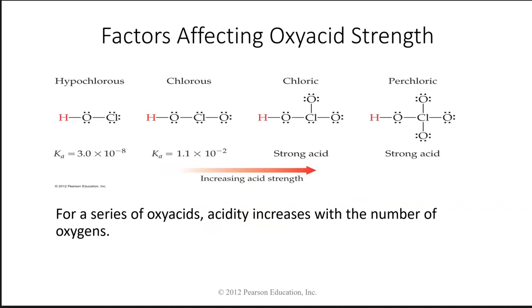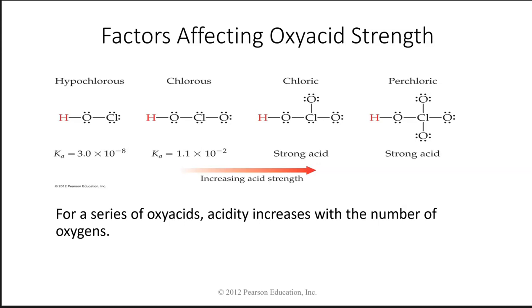So one oxygen makes it acidic, then two would increase the acidity level, whether it's attached to a bromine, an iodine, or a chlorine. You can see here, by the time we attach 4 oxygens to a chlorine and we form perchloric acid, we have a strong acid compared to hypochlorous acid, which was a fairly weak acid.